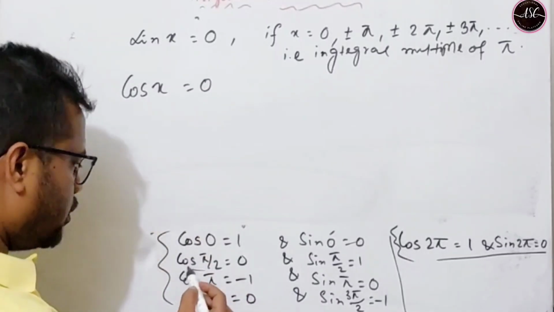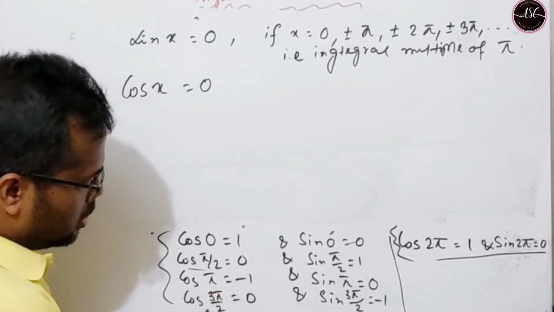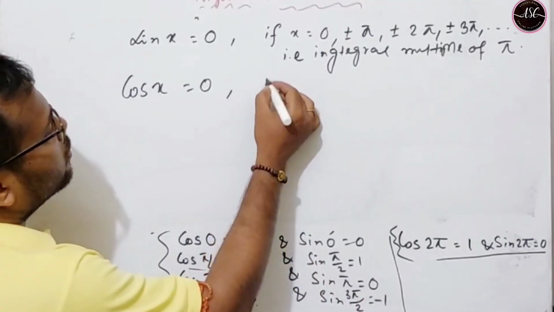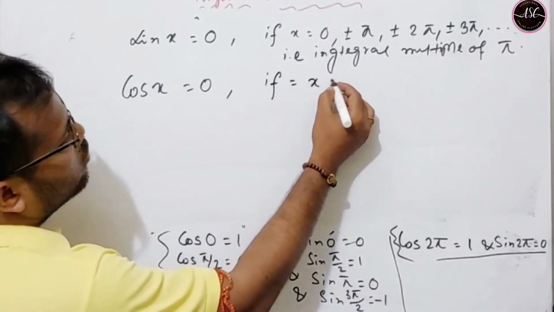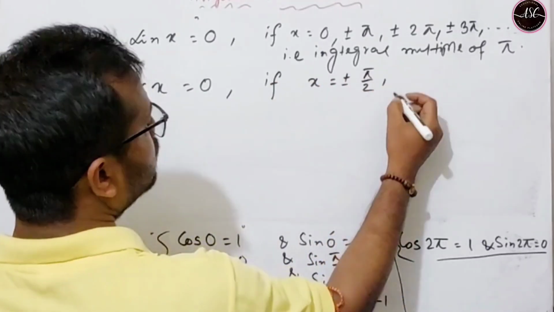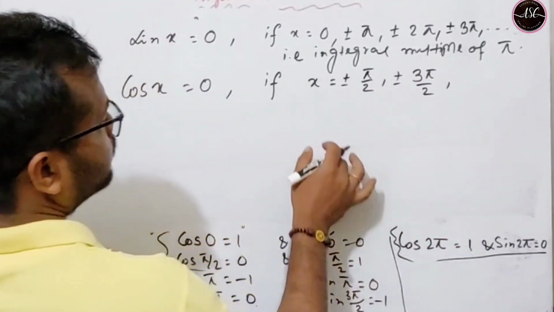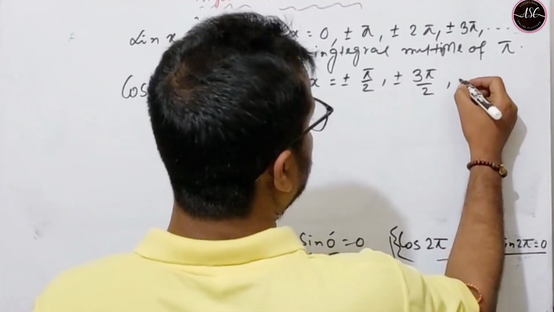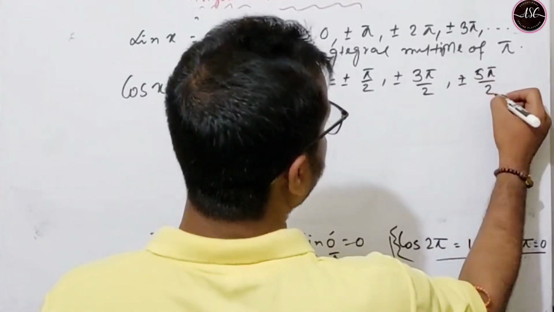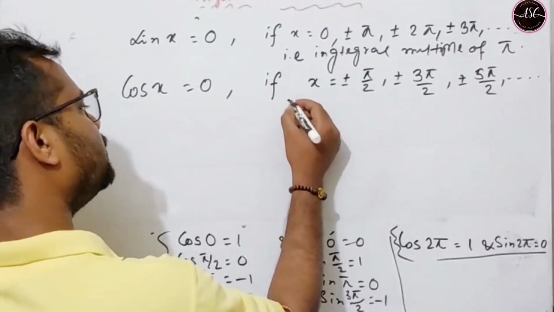Here when the value of angle is pi by 2, cos x equal to 0, and at 3 pi by 2, cos x equal to 0. So if x equal to plus minus pi by 2, plus minus 3 pi by 2, plus minus 5 pi by 2, and so on.